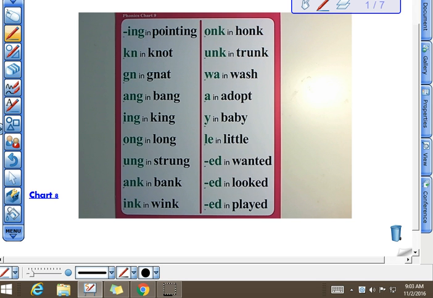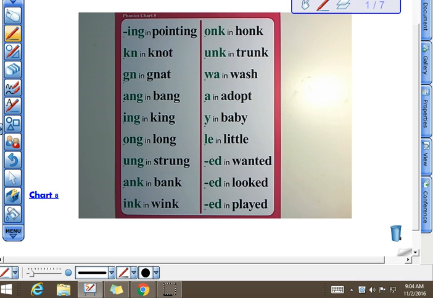Okay, here we go. Ing and pointing, I-N-G. N and not, K-N. N and not, G-N. Ang and bang, A-N-G. Ing and king, I-N-G.